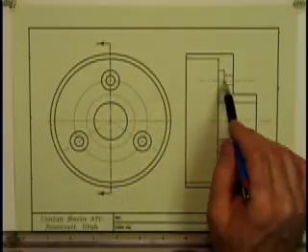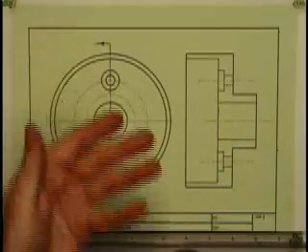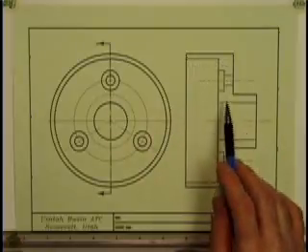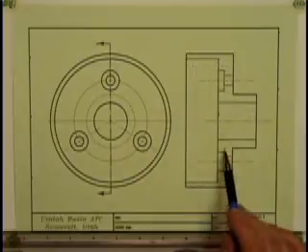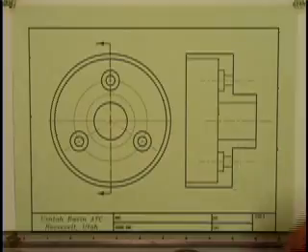Now none of those things touch the cutting plane because they're curving away from it. So it's this area in here, this area here, here, and here that actually touch the cutting plane, and the rest of them are behind it because of the curve. So we'll go ahead and add some cross-hatching in those areas.